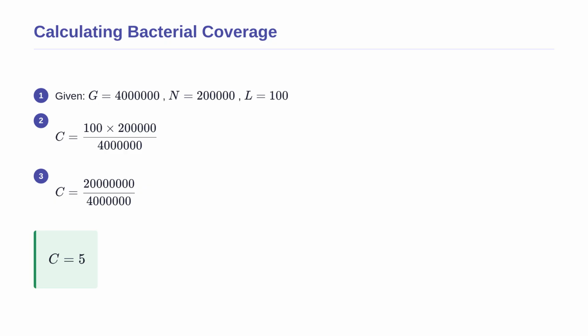We multiply the read length of 100 by the 200,000 reads to get 20 million total sequenced bases. Dividing this by the 4 million base pair genome size gives us a final coverage of 5. This means every letter was read 5 times on average.